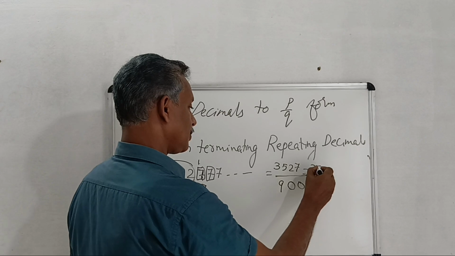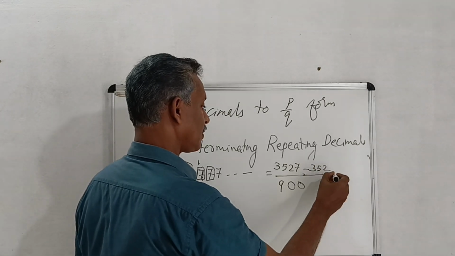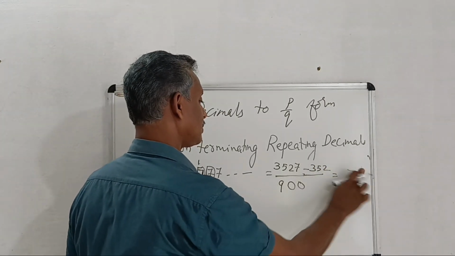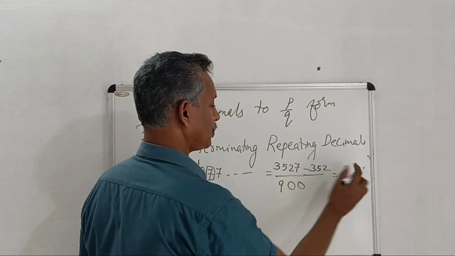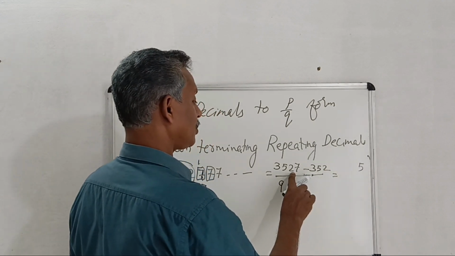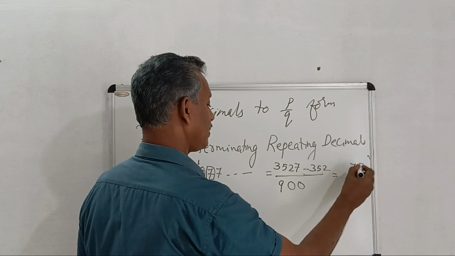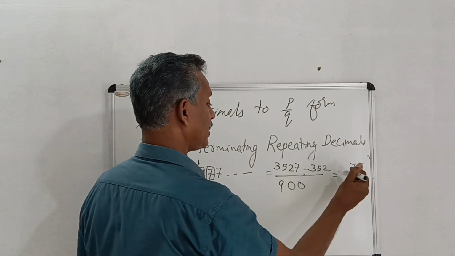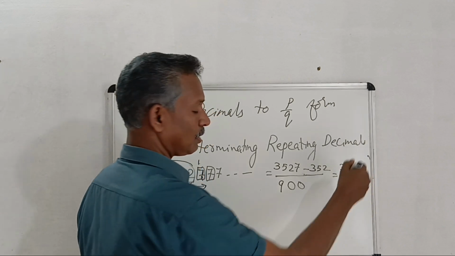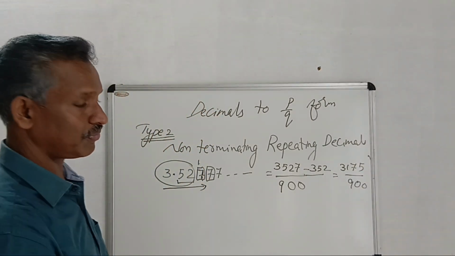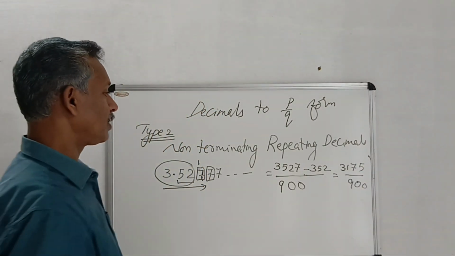Without decimal you have to write. And write the difference, 7 minus 2 is 5, and 12 minus 5 is 7, 4 minus 3 is 1. 3175 by 900. You can reduce it by cancelling by 5 and go on.